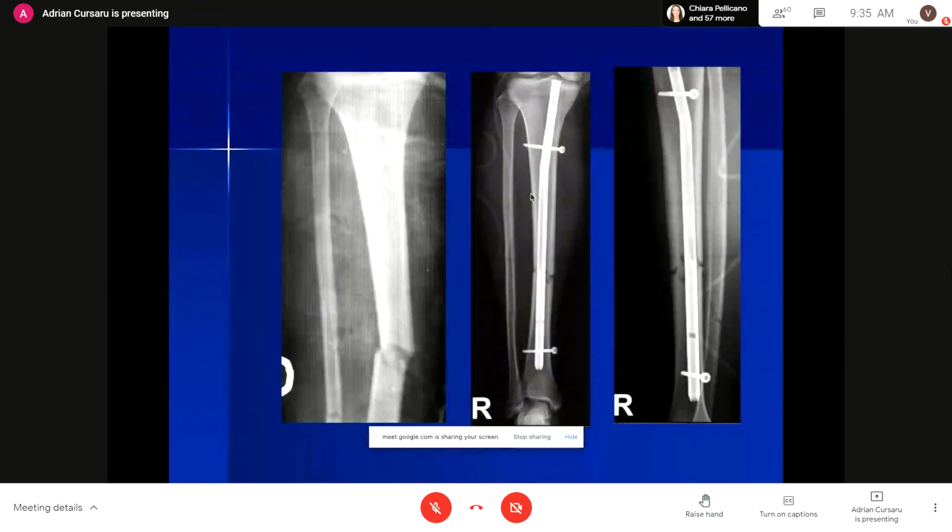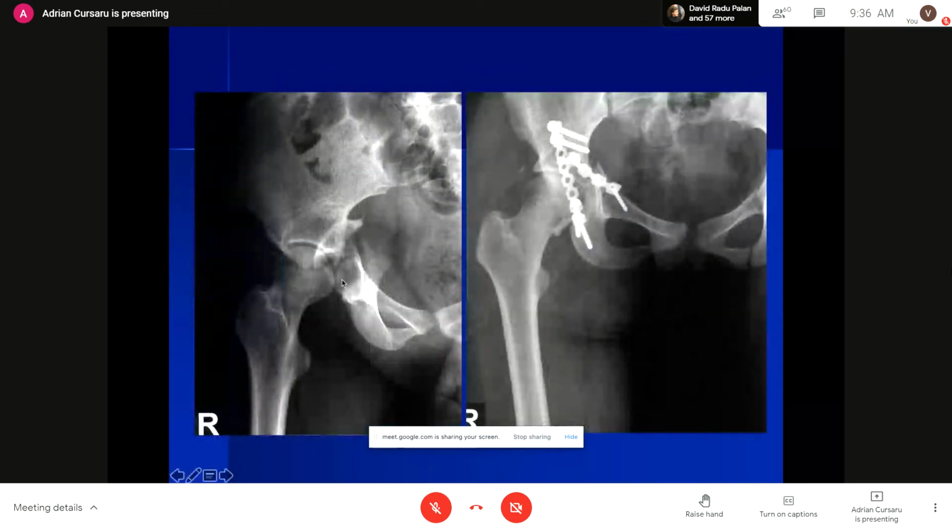It is from the distance of the fracture. In the shaft fractures, you can use that kind of treatment, the closed treatment, and intramedullary nail. But in the case of the intraarticular fracture, like in that image, you can see a fracture on the acetabulum.